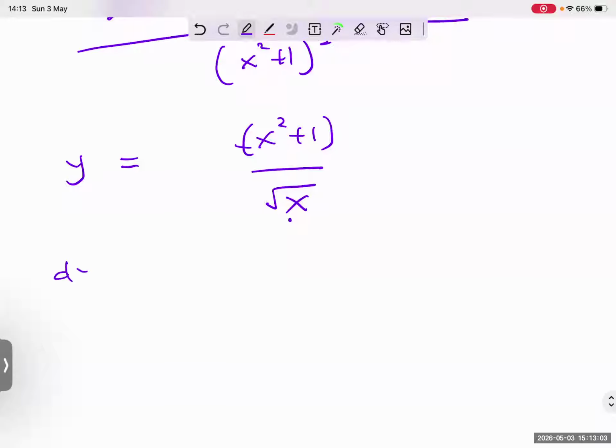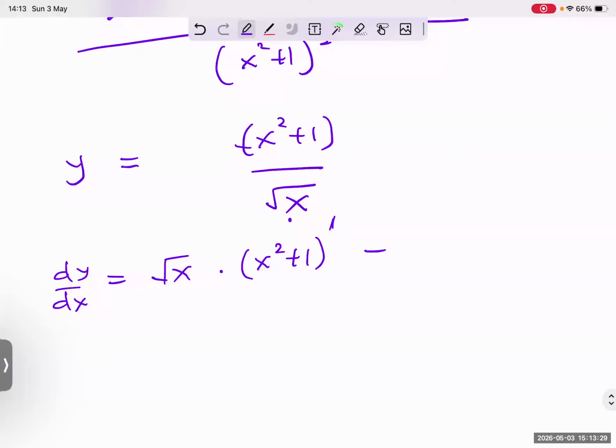And the quotient rule, our dy dx is equal to, keep the denominator constant, times differentiate the numerator. So here I have x squared plus 1. I'm going to put a prime at the top, minus the reverse. So if you get the first part wrong, the second part you're going to get it wrong. These follow a specific order.